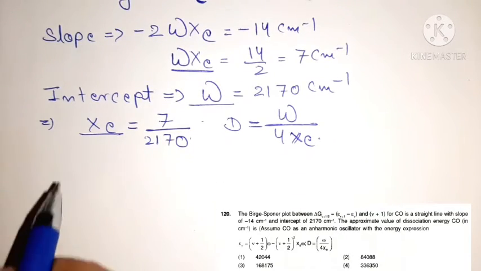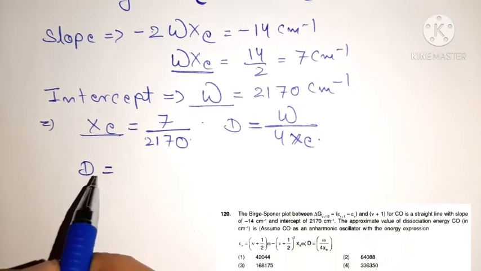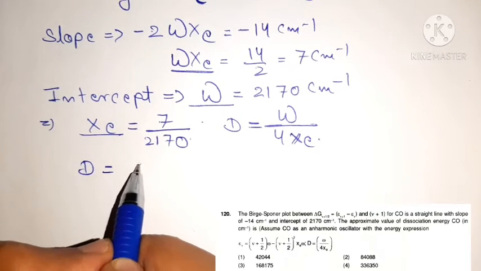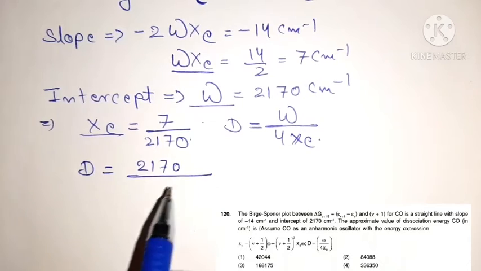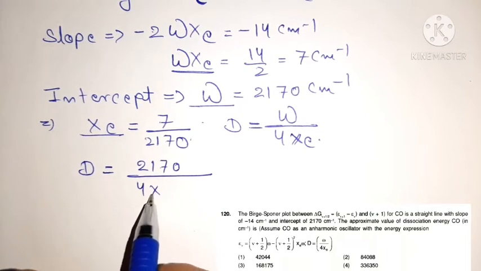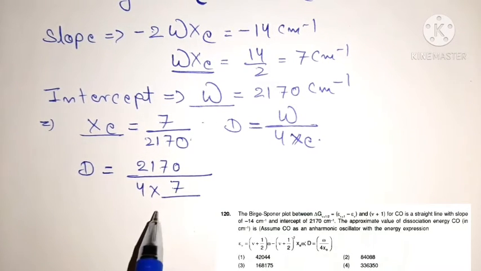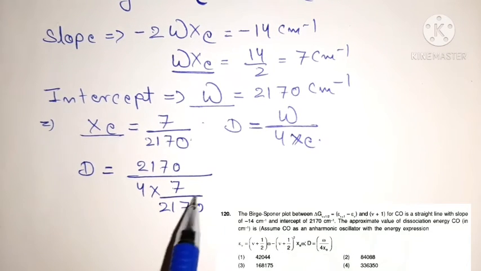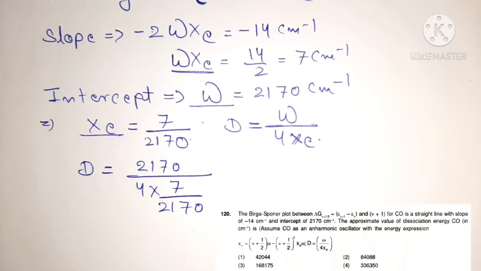So the dissociation energy of CO will be 2170 upon 4 into 7/2170. And when you solve this equation you get your answer.